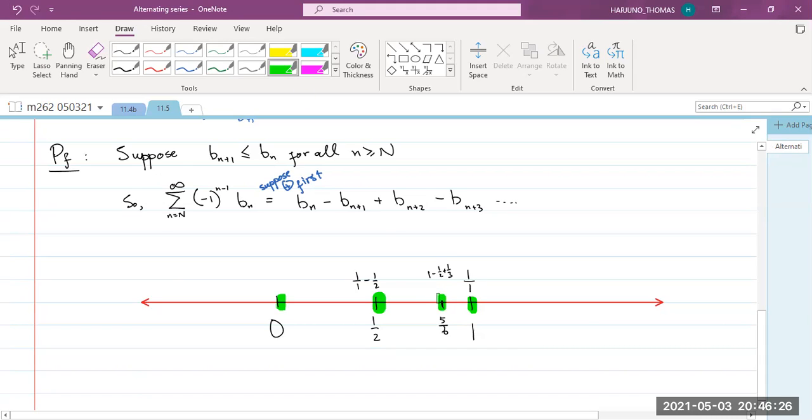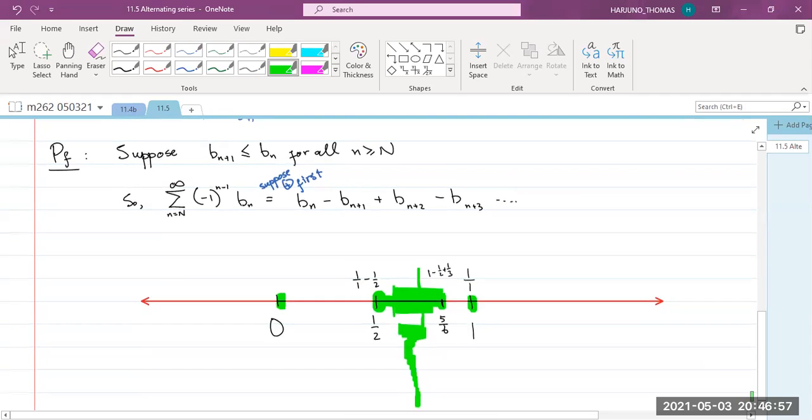The sum up to the third term tells us that the infinite sum must be in this interval. Later on, if you subtract something, it will come here. You add something, it comes only up to here. Eventually, the interval gets smaller and smaller, and then it stops somewhere. The infinite sum basically will stop, quote unquote, somewhere. So that's the sketch of the proof. The formal proof, look at the book.